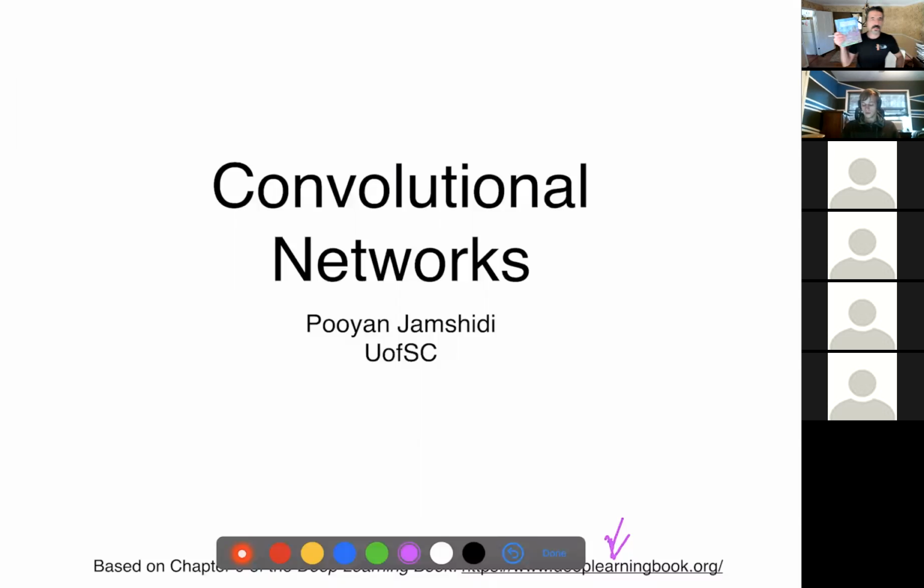So this is the book, right? This is the famous book, the deep learning book. You don't need to buy it, obviously, but with this link you can find the PDF, for those who are interested to know more about convolutional neural networks and also other types of neural architecture. It is actually a very nice book.